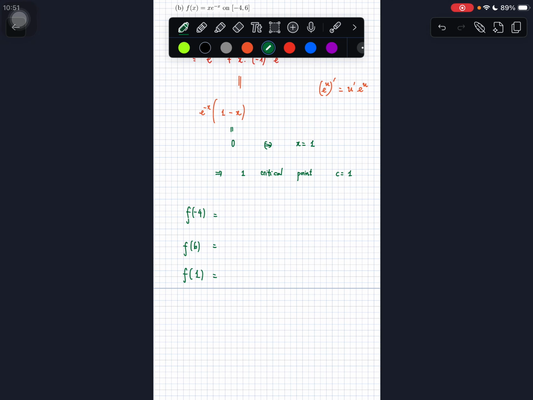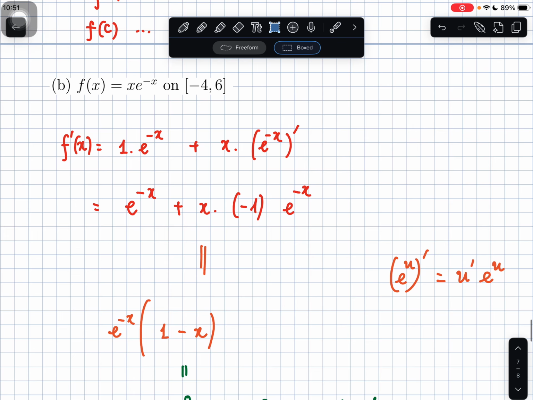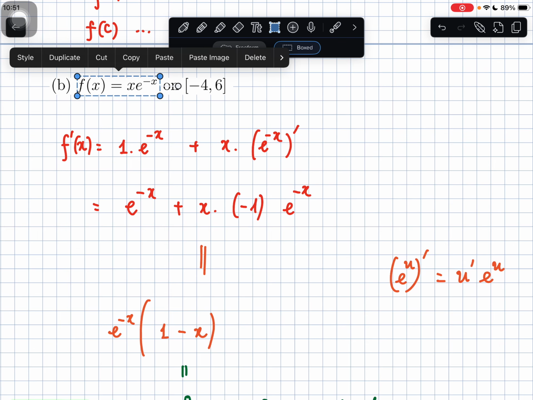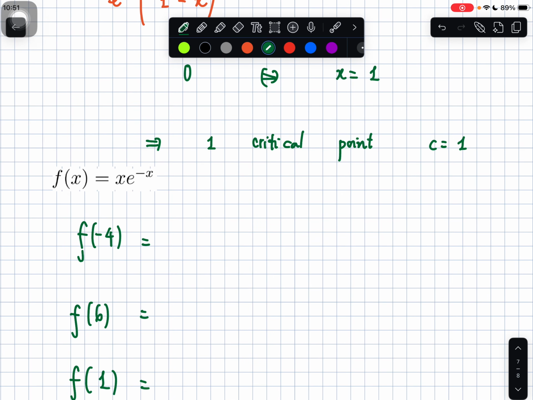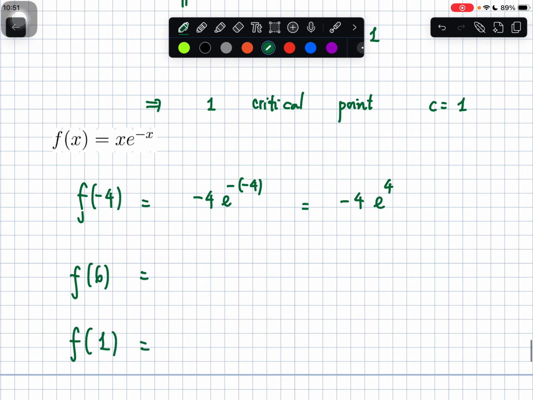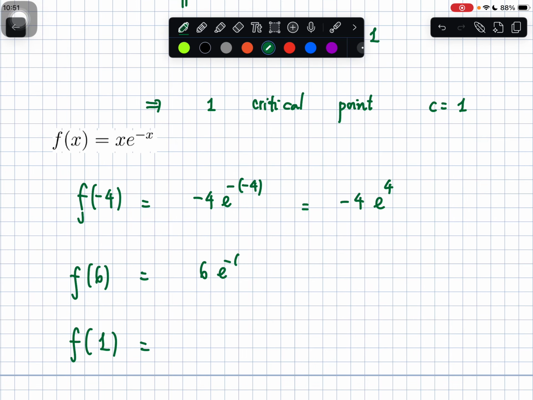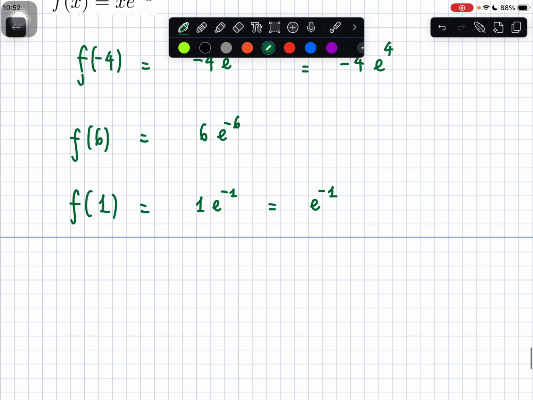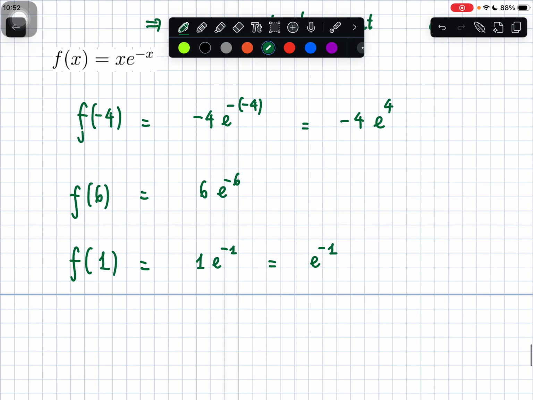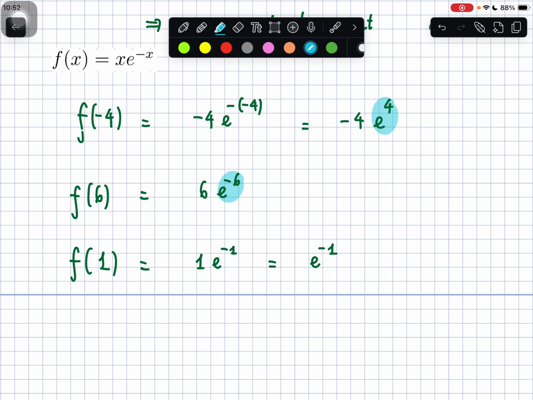Compute all of them and find the largest and smallest one. f of minus 4 equals minus 4 e to the minus minus 4, which is minus 4 e to the 4. Then 6 e to the minus 6, and 1 e to the minus 1.